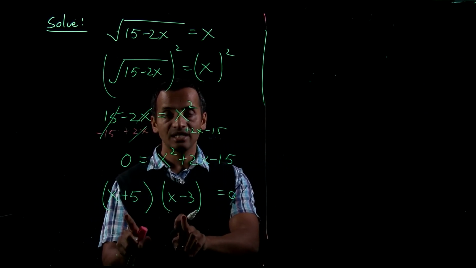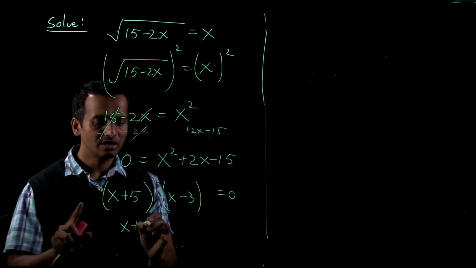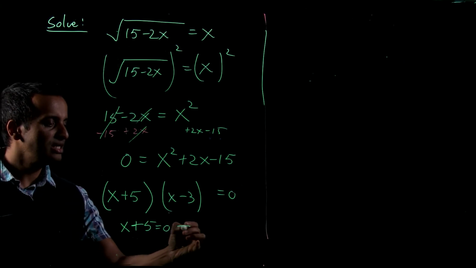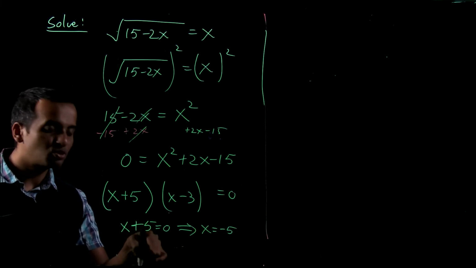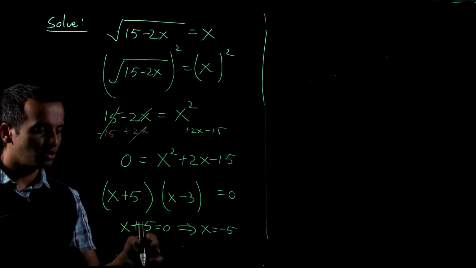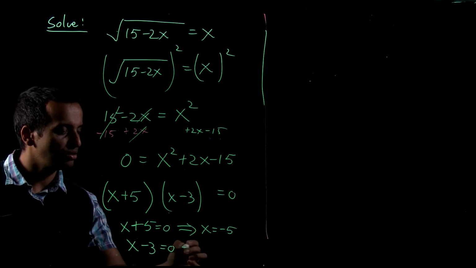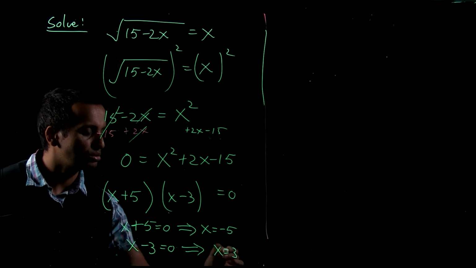What are the values of x here? When you solve these, x plus 5 equals 0 implies x equals -5 when you subtract 5 from both sides. Also x minus 3 equals 0 implies, when you add 3 on both sides, x equals 3.